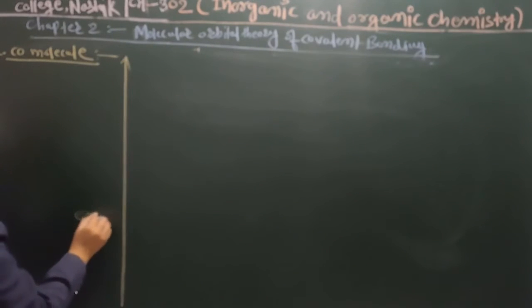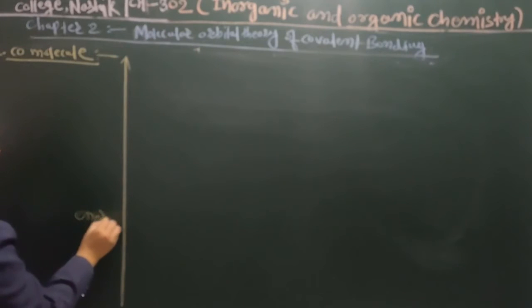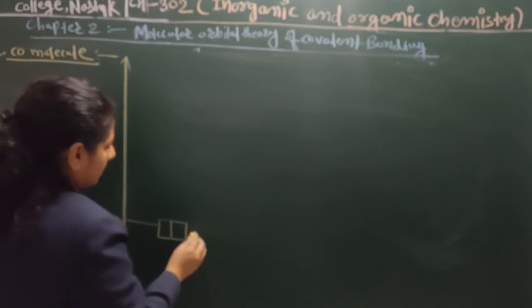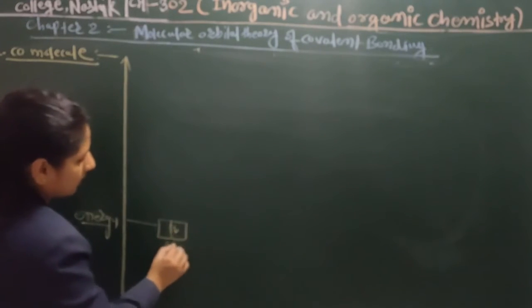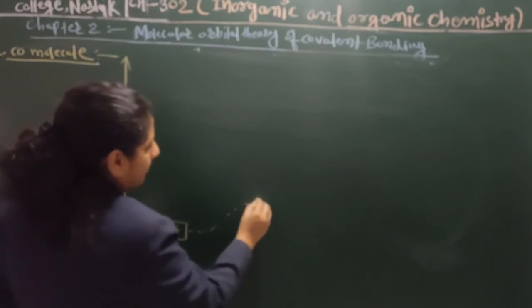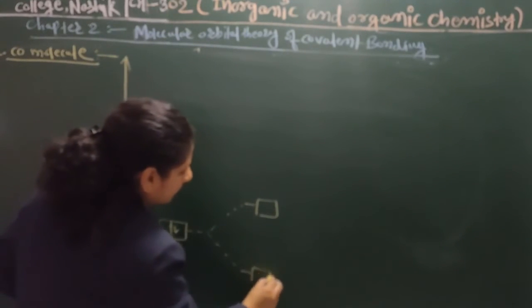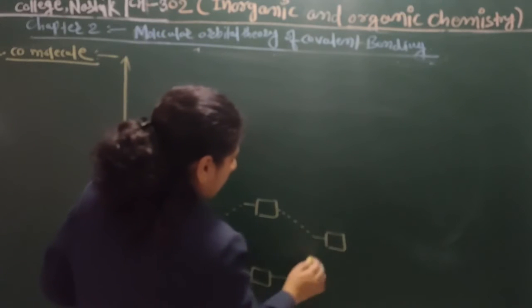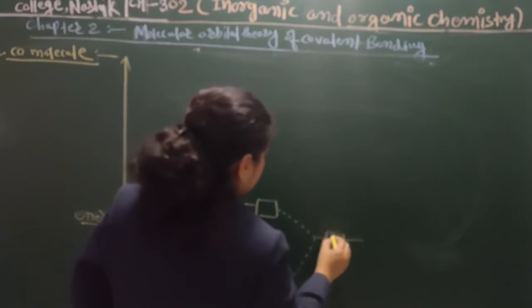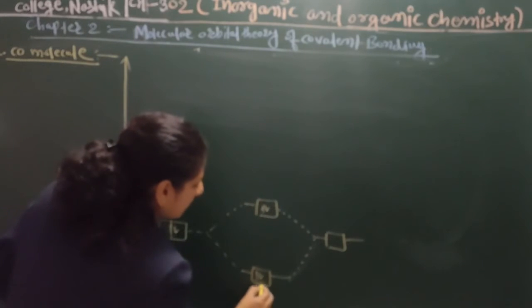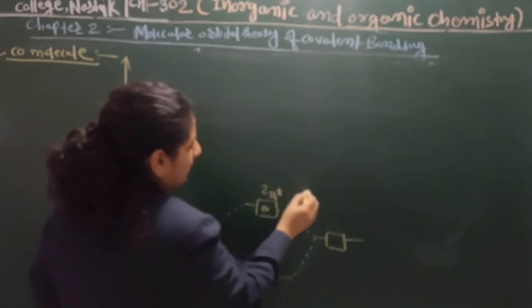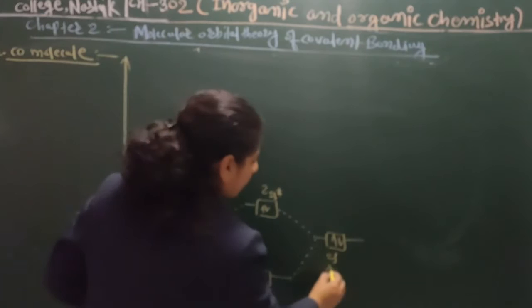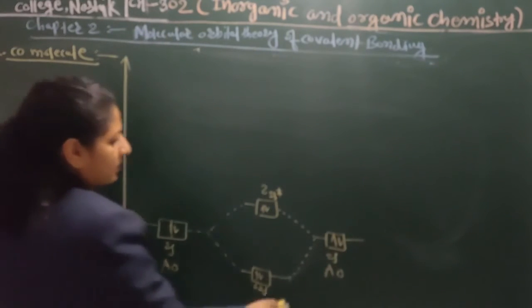So let's discuss the MO energy level diagram for that. This is energy. There are two electrons in each of the sigma 2s and sigma star 2s molecular orbitals. This is the atomic orbital of carbon and the atomic orbital of the oxygen atom.